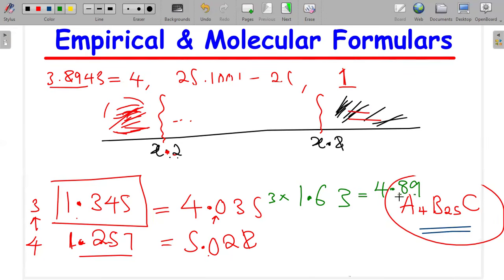So the 0.89 here is greater than 0.8. So it's somewhere here, so we can round it off. So if you get a number that has 0.3 or 0.6, you multiply by 3. If you have 0.2, you multiply by 4.